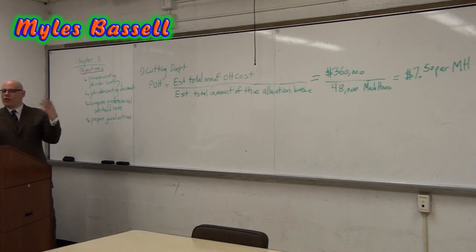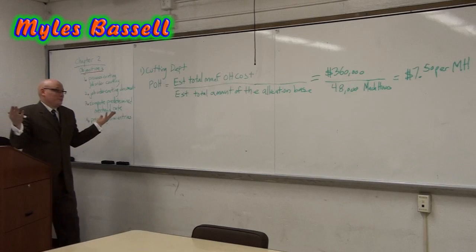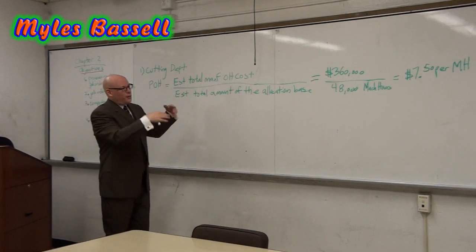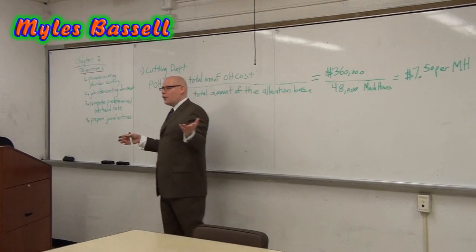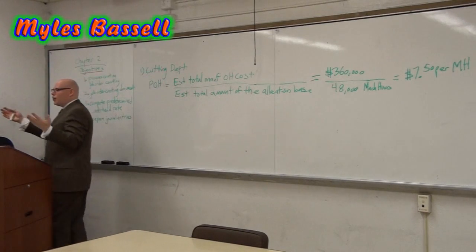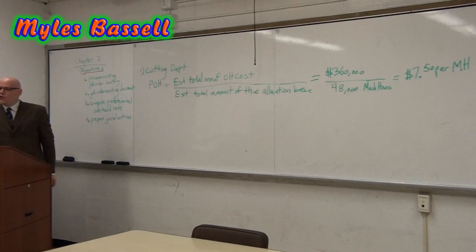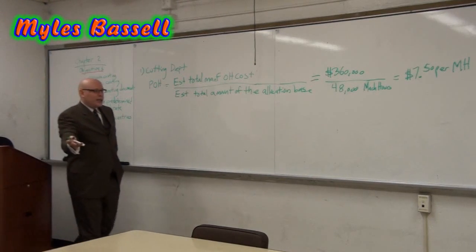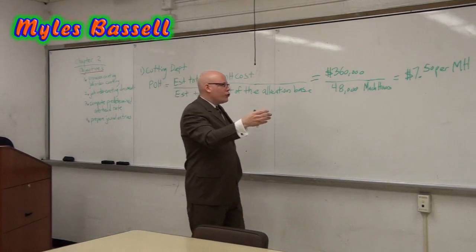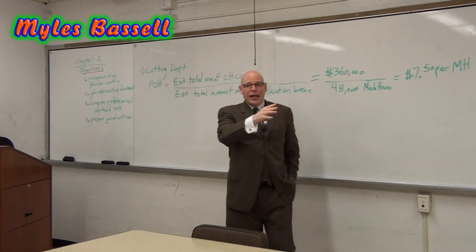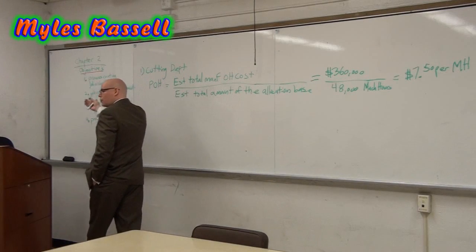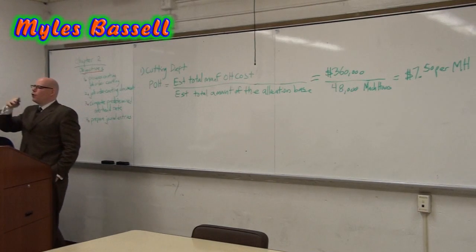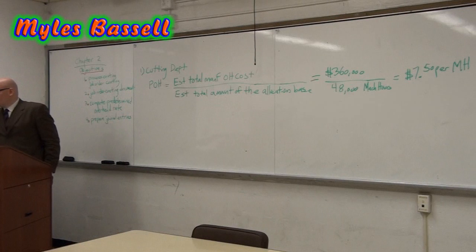We're going to have to make decisions, but we can't manufacture the products first and then find out how much the manufacturing overhead is. So we have to use the information that we have and make some assumptions. So we need to decide next year, should we run the machine for 60,000 hours? Should we run it for 80,000 hours? Should we run it for 100,000 hours? What happens if we only run the machine for 40,000 hours?